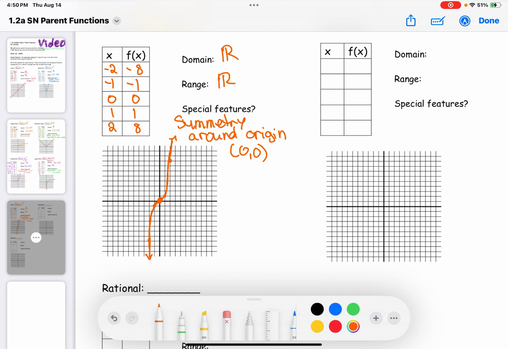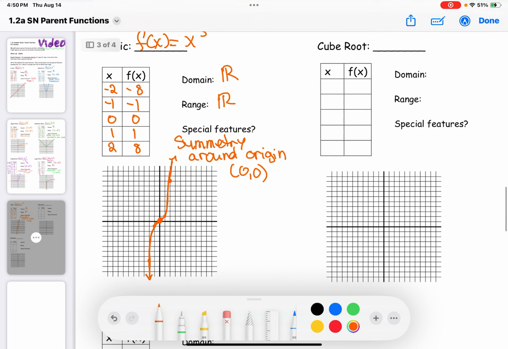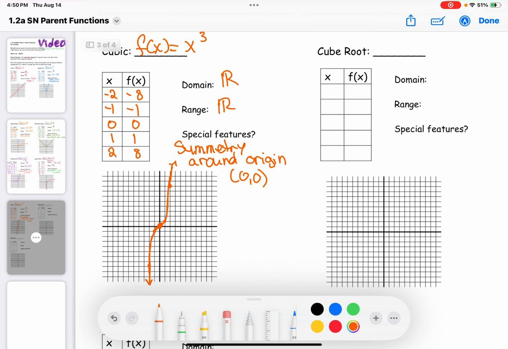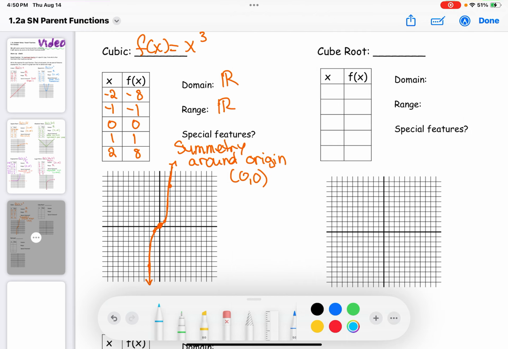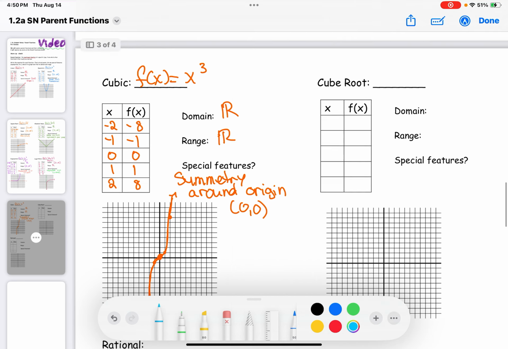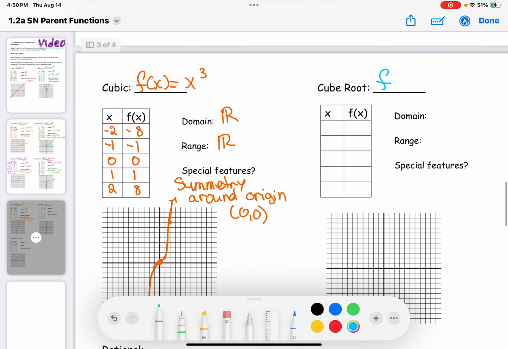Okay. The next function is the cube root function. For the cube root function, we want to use x values that we can take the cube root of. So that function would be f of x equals the cube root of x.